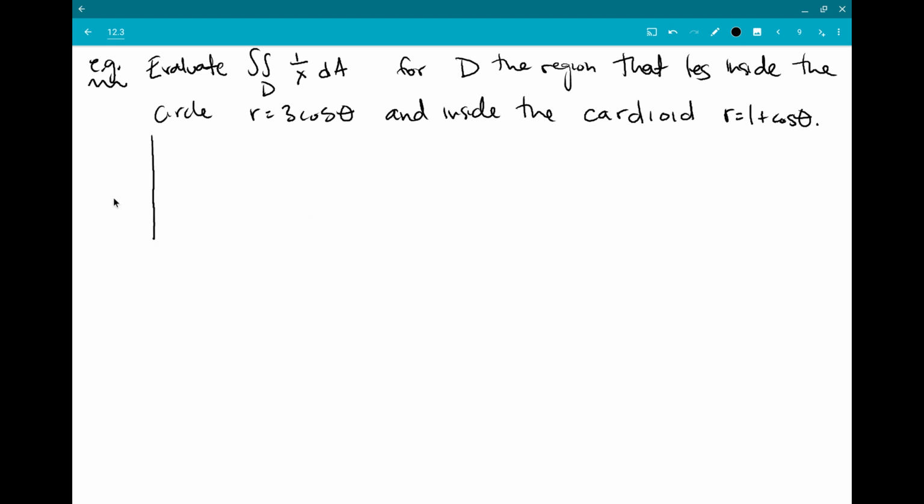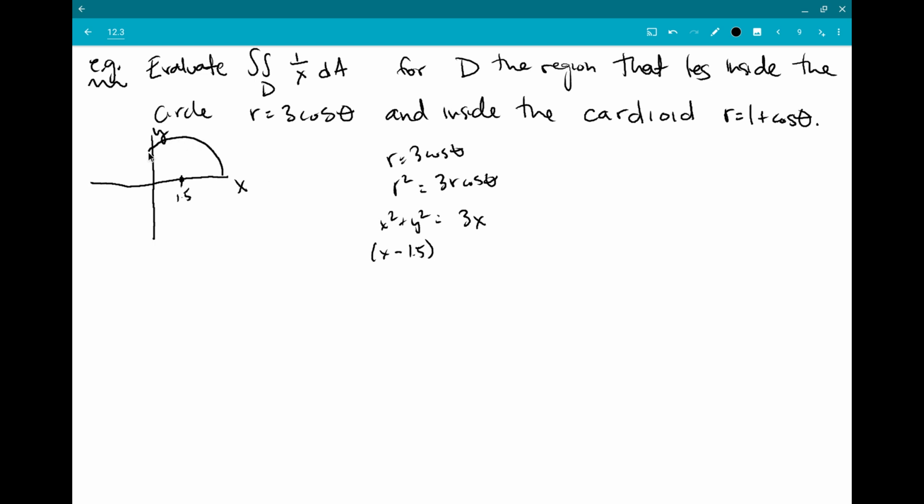And a picture of this, here's x and y. The circle r equals 3 cosine theta is going to be centered at 1.5, I guess, here, and then it'll have a radius that I sure hope we don't have to find, because it's 1.5 squared.